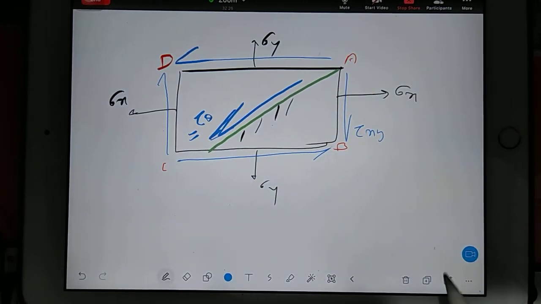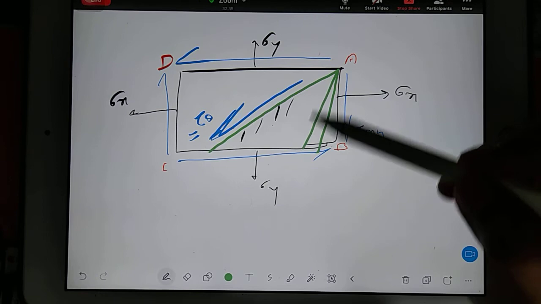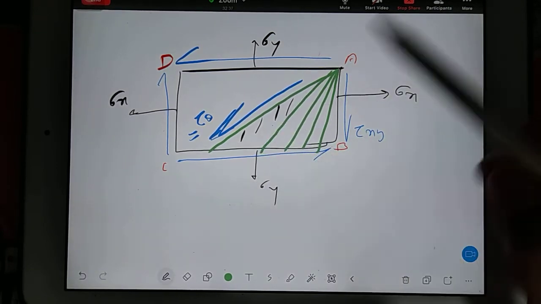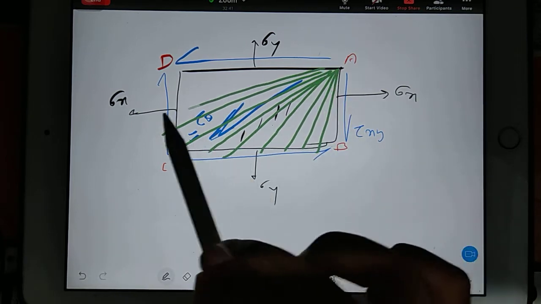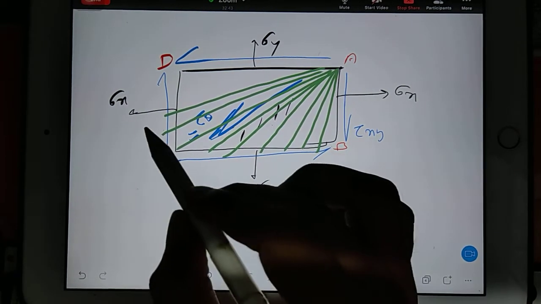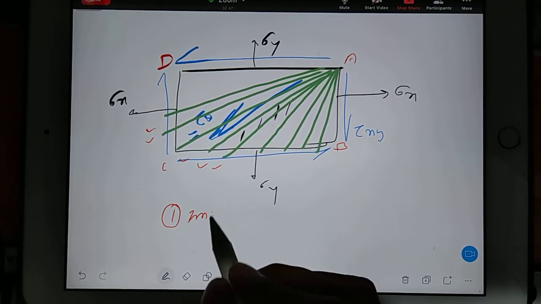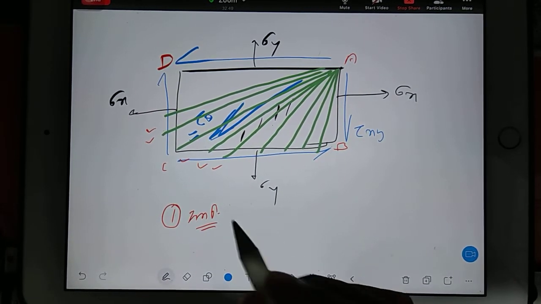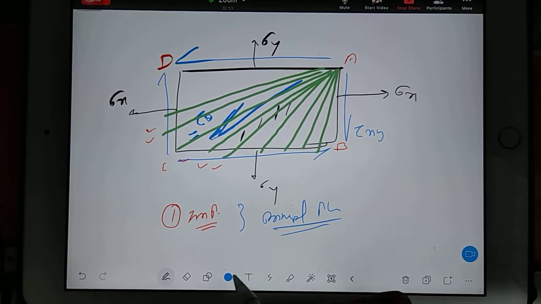Now see, in the same plane, when you are here, when you are here, when you are here, you have so many planes. In all these so many planes, you will be having one very important plane, and that important plane we call as principal plane. What is principal plane?